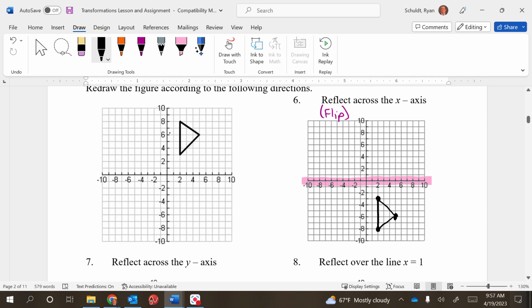I know some of y'all are very points oriented. So my original points were 2, 3, 2, 8, and 5, 6. When we reflect over the x-axis, we make the y's negative, or make y's opposite.